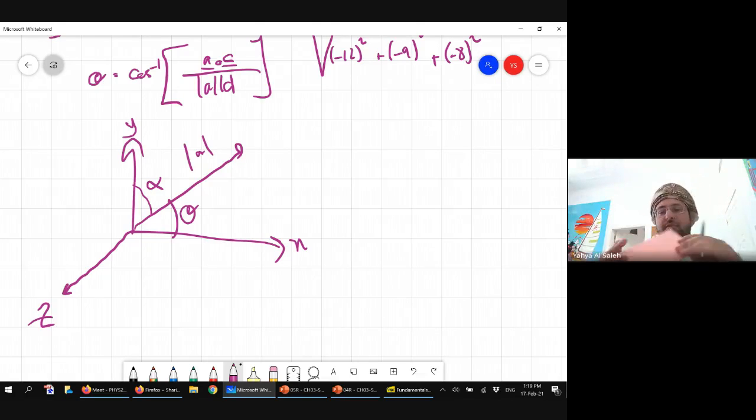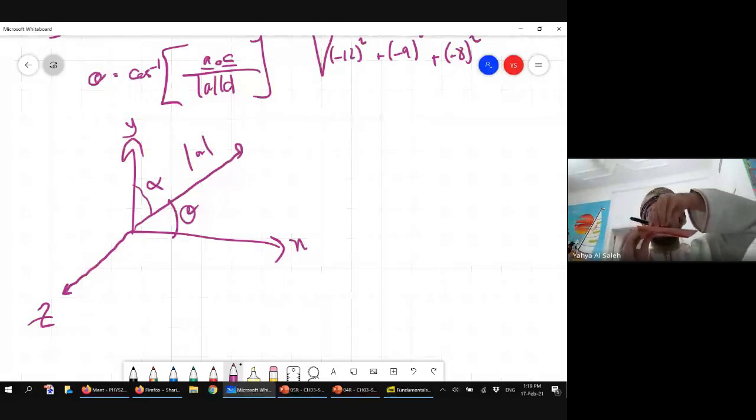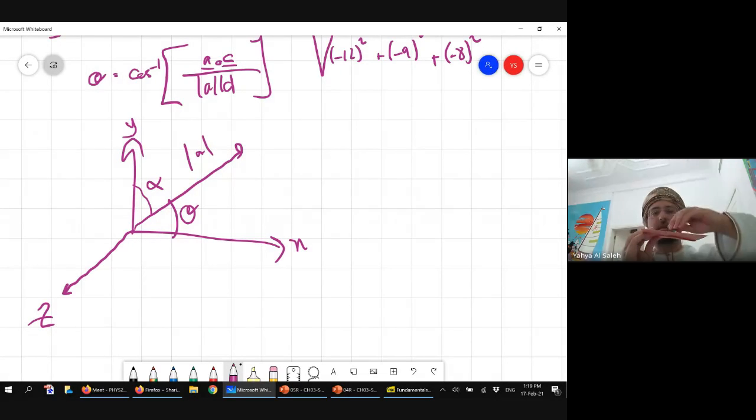So if this is my XY plane, I will have my x-axis and my y-axis, right? Now, when I give my angle theta, I say, for example, 40 degrees. Okay, this is 40 degrees. But anywhere in the circle that I am going, it is still 40 degrees.